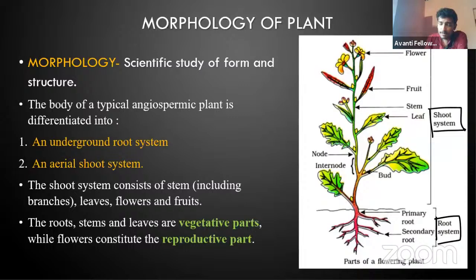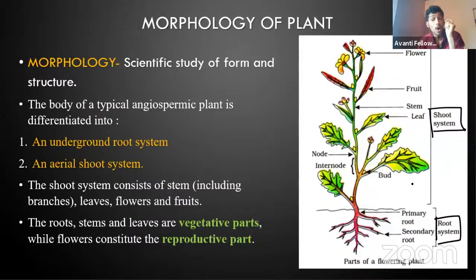In this particular diagram, if you see closely, we mentioned a node and internode. What is the meaning of node and internode? If you take any plant, the leaves or the flowers are not coming randomly. They are coming at exactly certain points.